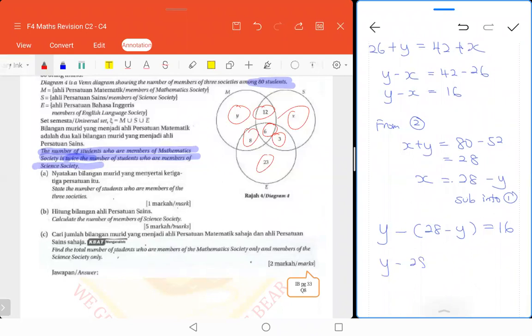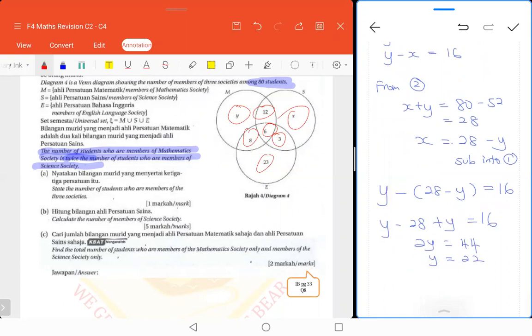Proceed. 28 minus y, so y plus y equal to 16 plus 28. So y plus y is 2y. 16 plus 28 is 44. So y is 22. Once you get y equal to 22, you can find back your x. x is 28 minus 22, so equal to 6.